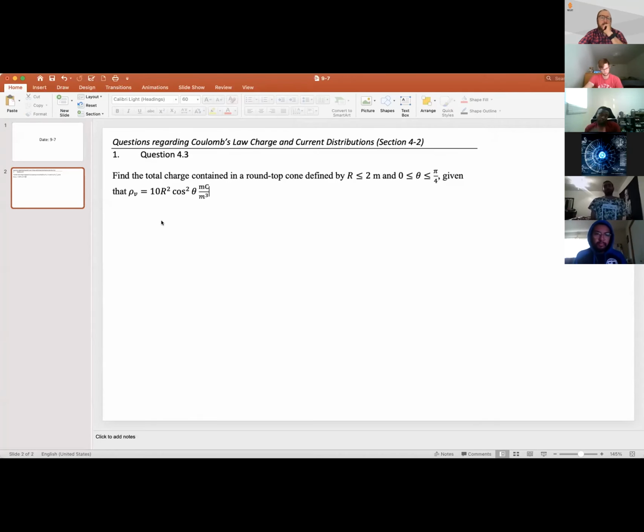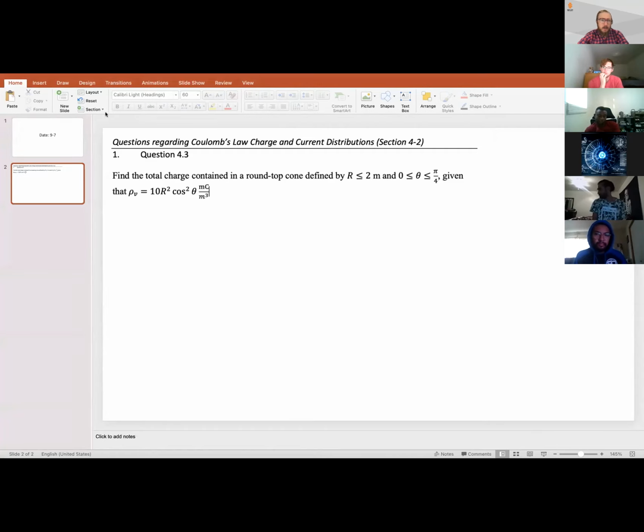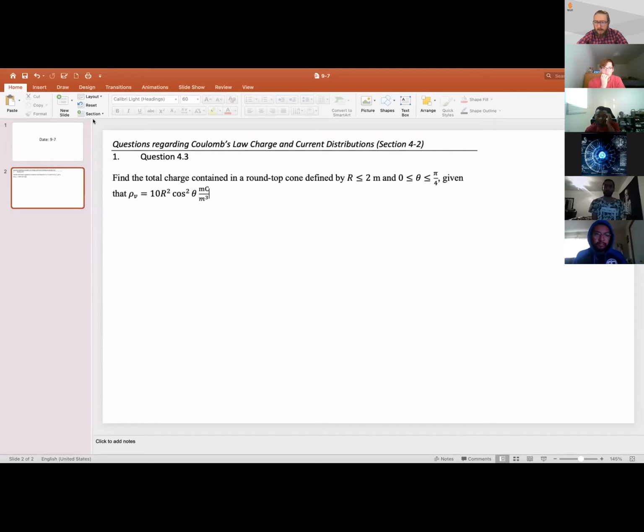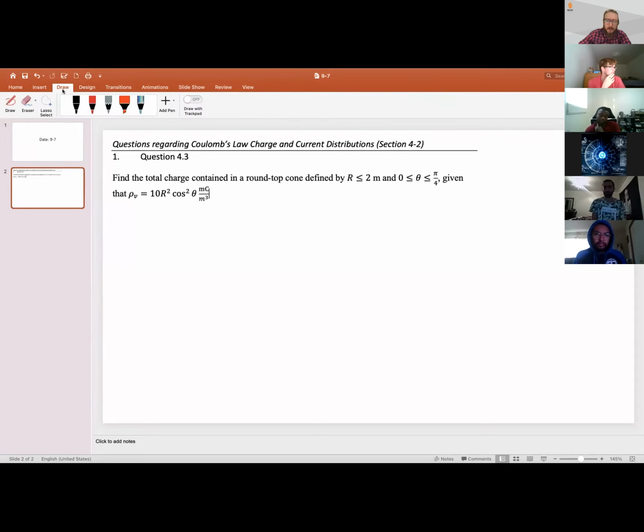So this is actually a charge density. And when we look at this, there are different types of charge density that we could have. You could arrange your charges in many ways: on a line, on a surface, or in a volume. And this one is in a volume.